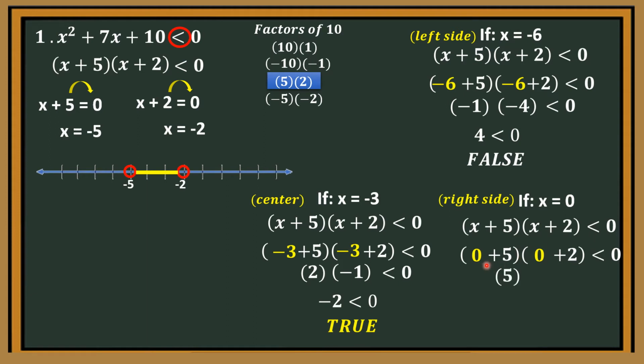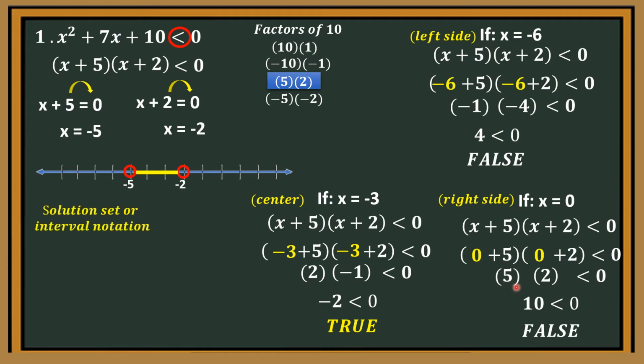Then 0 plus 5 is 5. 0 plus 2, positive 2. Just copy less than 0. Then multiply the 2. That is 10. Is 10 less than 0? No, that is false. It means that right region is not included in the solution set.